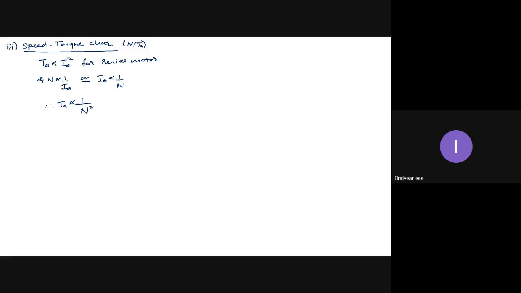So this characteristic will be the same as the speed armature current characteristic. As the speed increases, torque decreases, or as the torque increases, speed decreases. So here torque and speed are inversely proportional.